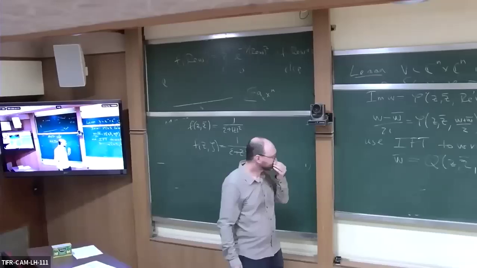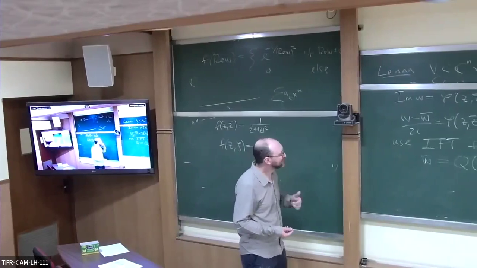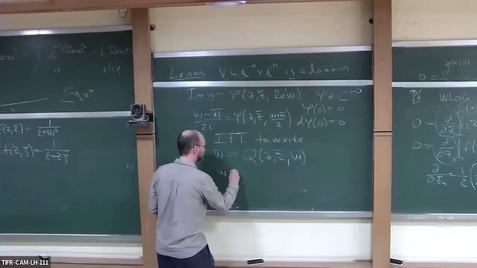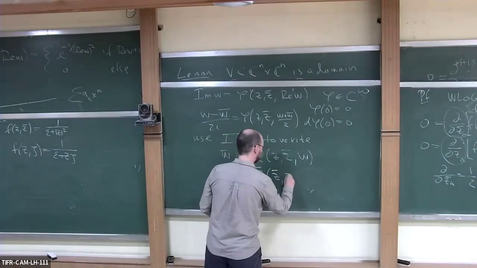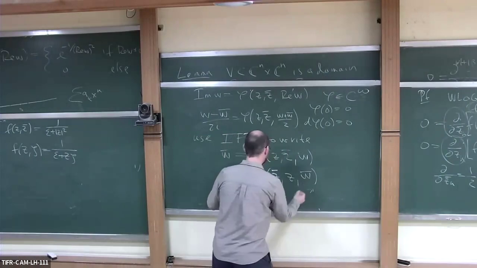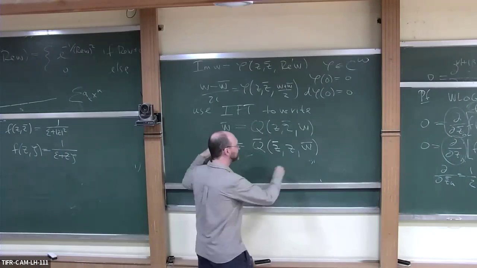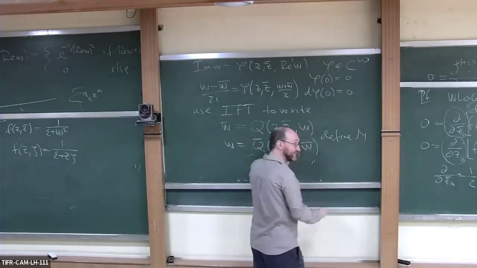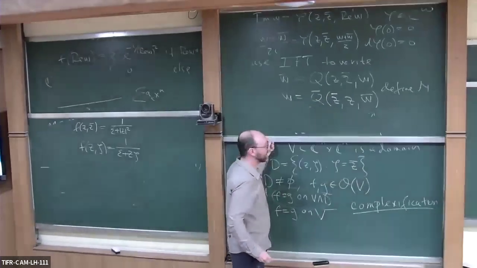You can see the realness by barring this: if I have this, I also have this for W bar. These things are not always equal; these equations define M. I can just think of one, but both are true.